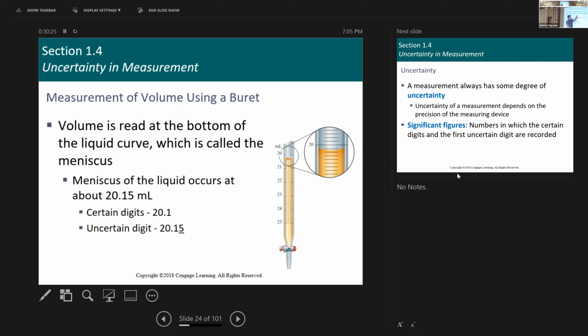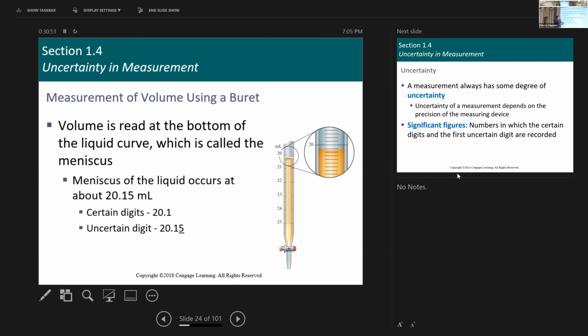You know that it's at least 20, and it's somewhere between, sorry, 20.1. It's definitely 20.1. It's between 20.1 and 20.2. The 20.1 right here, that is your measured numbers, your certain digits.